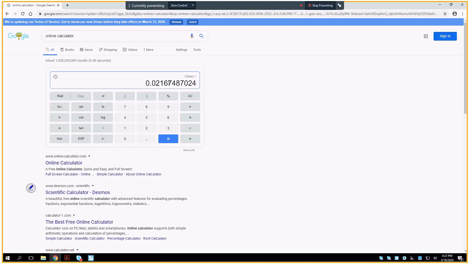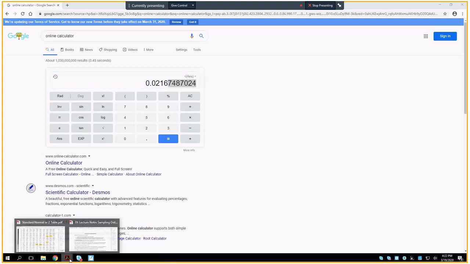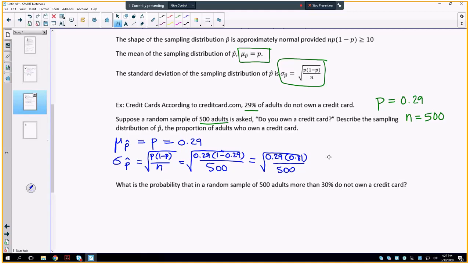Going to the 5th decimal place, we see it's a 7, which is larger than 5, so we conclude 0.0217 should be our standard deviation.